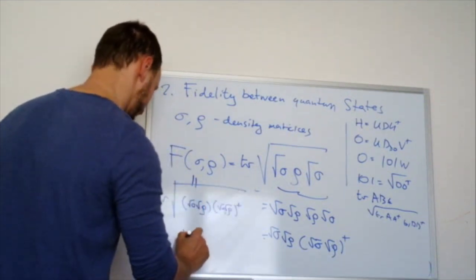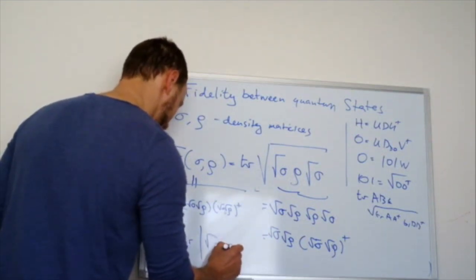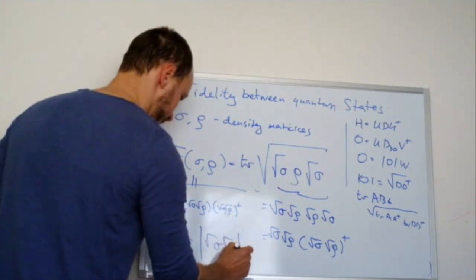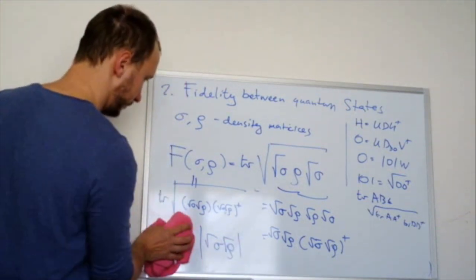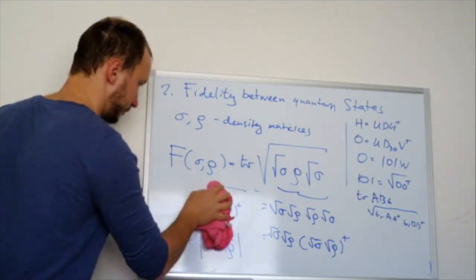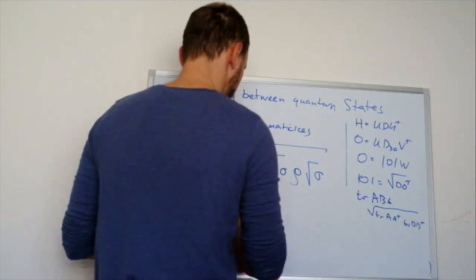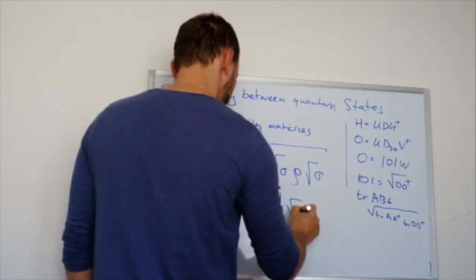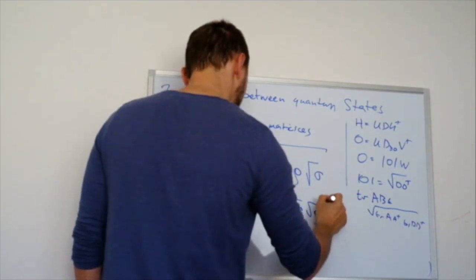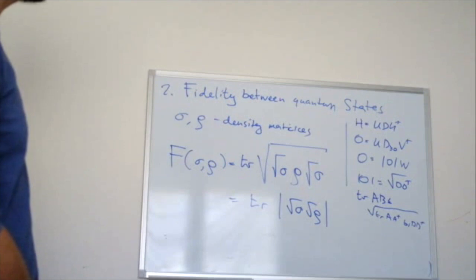So this is really the trace of the absolute value of square root of sigma, square root of rho. Okay, so let me just write it down here. So it's a trace of the absolute value of square root of sigma, square root of rho.